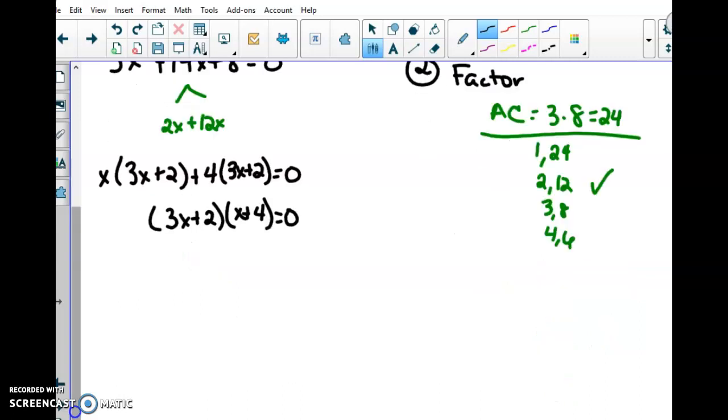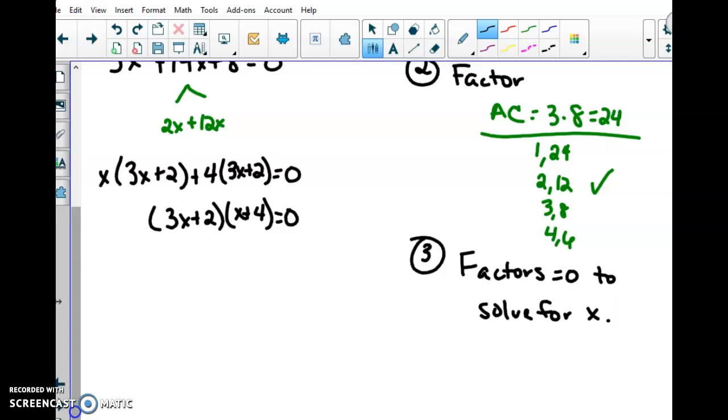So from here, I factored it. Step 3 is then going to figure out what each factor is equal to 0. When we're setting those equal to 0, that's going to give us the location of our vertical asymptote, so long as the numerator does not have the same factor.